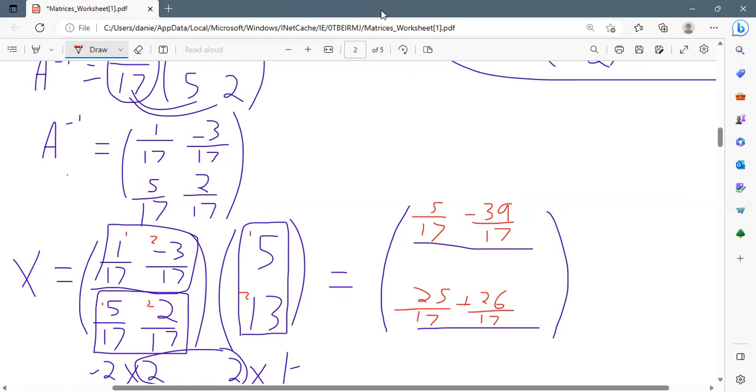Now we can simplify this. So that will equal 5 minus 39, which is negative 34 over 17, and 25 plus 26, which is 51 over 17.